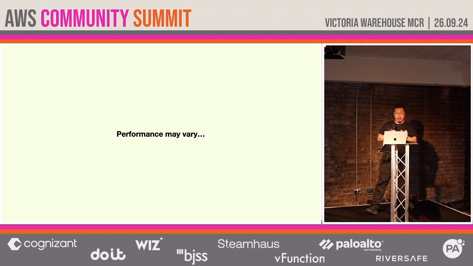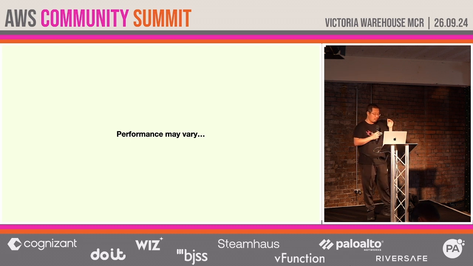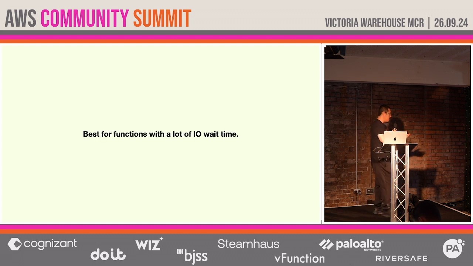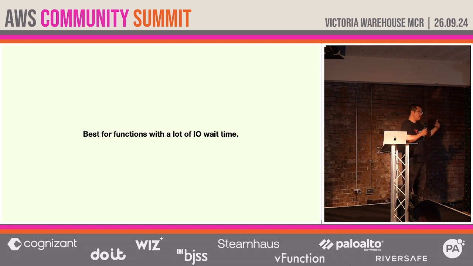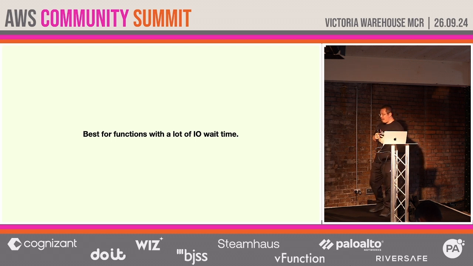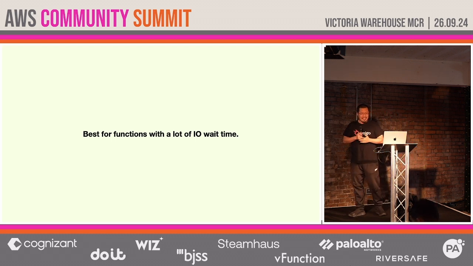And depending on your workload, that performance behavior can be really different. So when you consider using ARM, make sure to test it against your actual function to see how it behaves on x86 versus ARM. But what this is really good for is when you are talking to third-party services, not naming any names, Salesforce, that tend to respond in like 5 seconds.